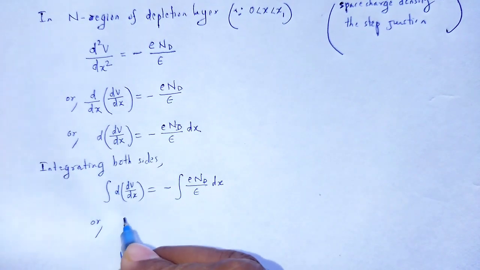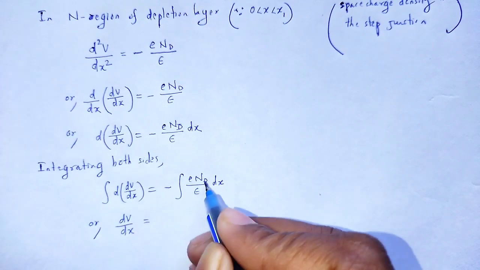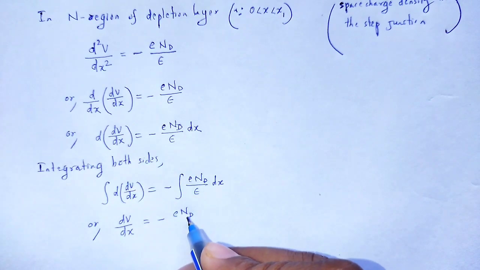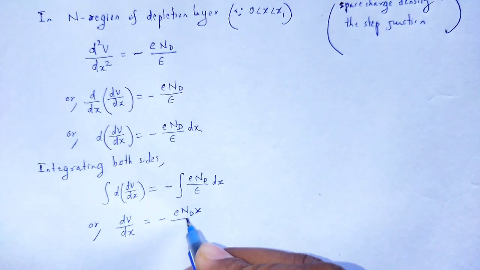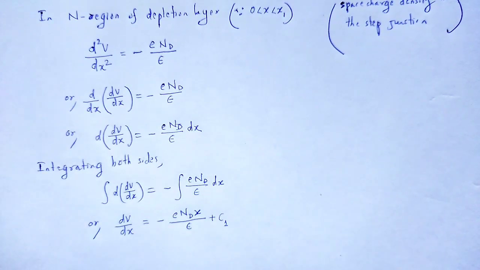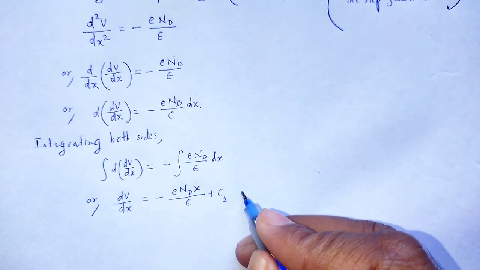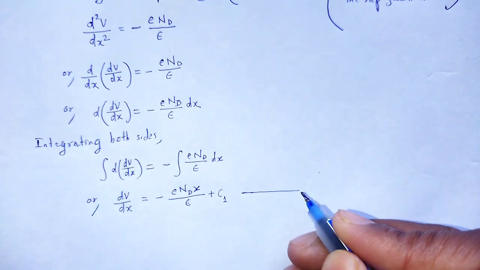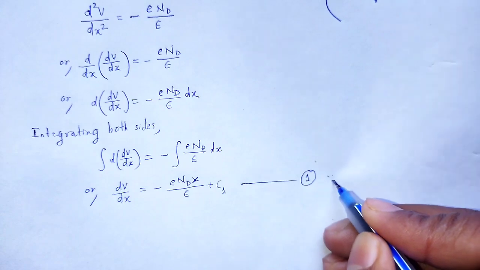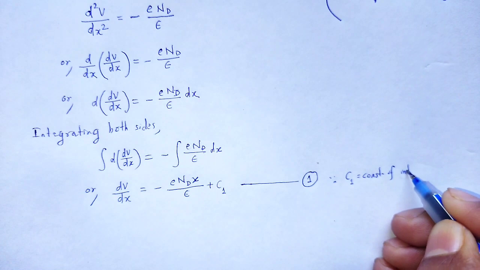So dV by dx is equal to minus e Nd x divided by epsilon plus C1, where C1 is the constant of integration. Let me take it as equation number 1.